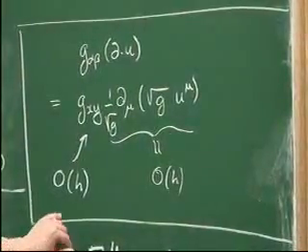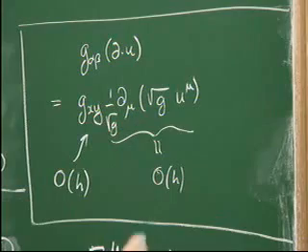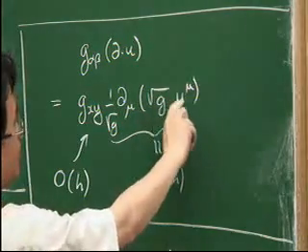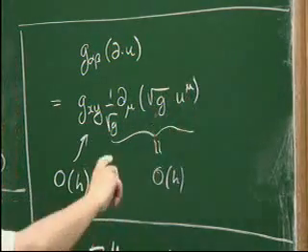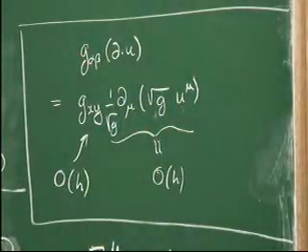So it will be a term proportional to h squared. To leading order, this is 0 because u is a constant and g is a constant. The derivative of a constant is 0. So this term will contribute, but only to higher order in the perturbation. Are there any more questions?